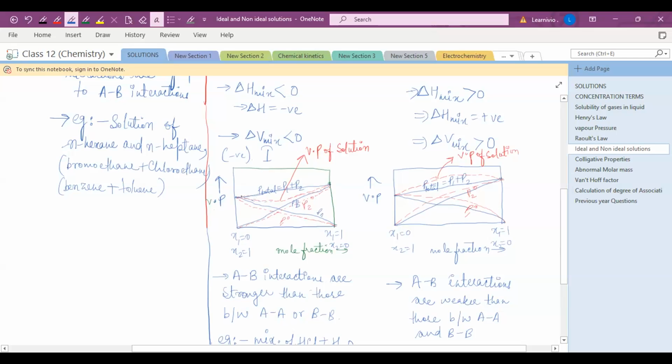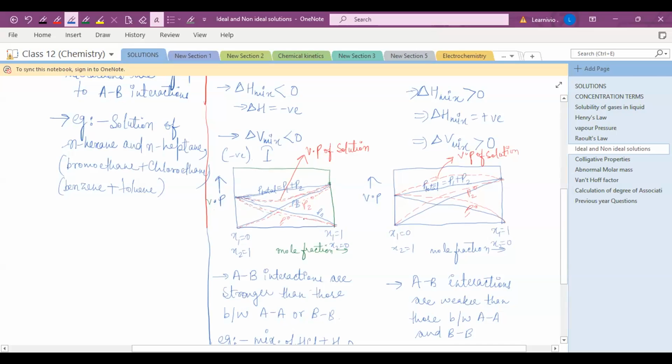This graph goes below. The P total line crosses from below. Similarly, for PB, the second component, this line shows the deviation, negative meaning the line is going below.